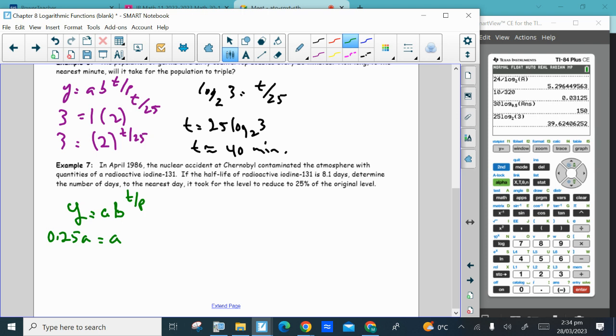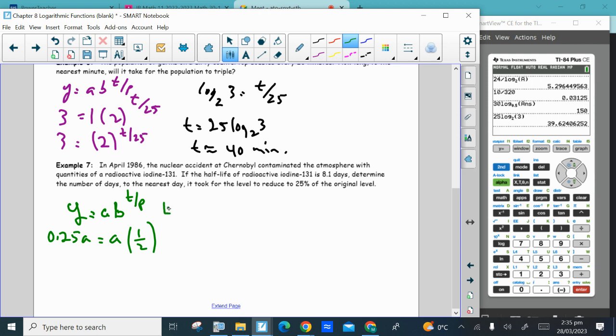So y will be replaced with 0.25a. A is the amount you started with. We want to know how long it took for the level to reduce to 25% of the original level, or 0.25 times a. Because the radioactive iodine has a half-life, our base is a half.